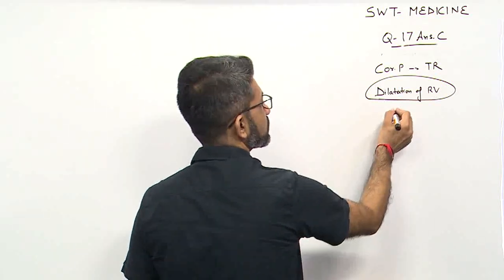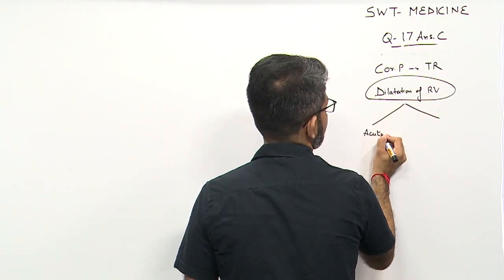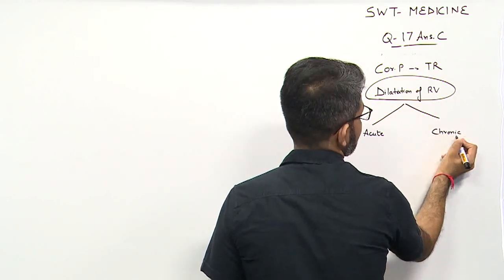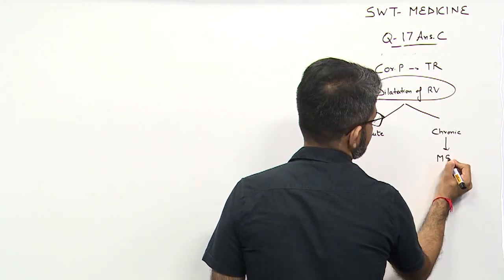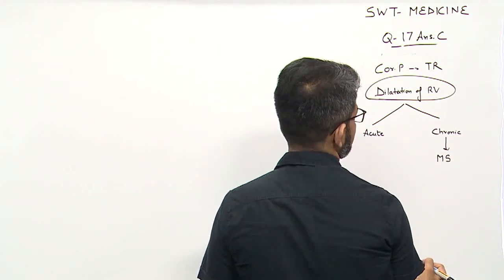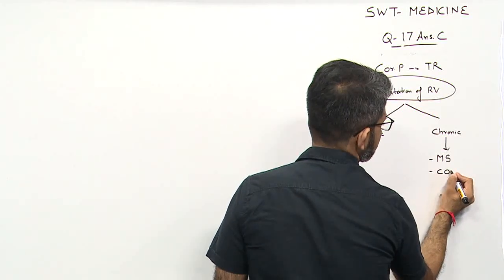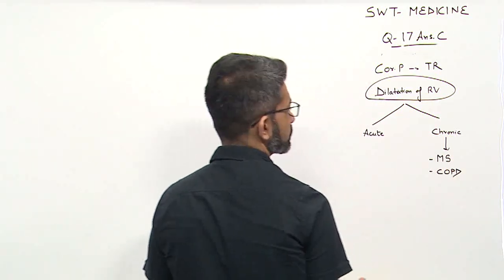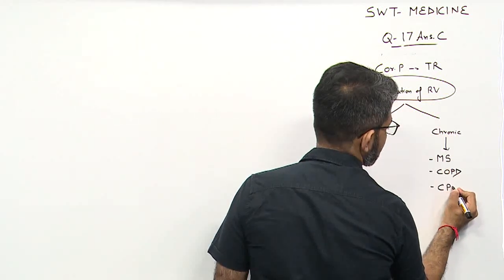It can be acute, it can be chronic. The best example for chronic is mitral stenosis, COPD. Chronic pulmonary hypertension.